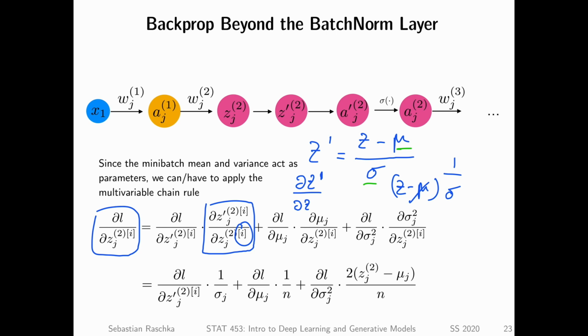For this part, we're only looking at one training example at a time. So for mu, this becomes a constant. Z becomes 1. And then what's left is basically 1 over sigma times 1. So 1 over sigma is a factor here that we multiply by.